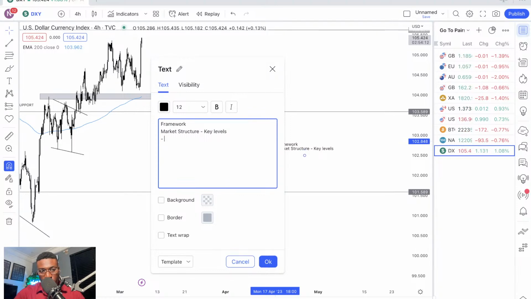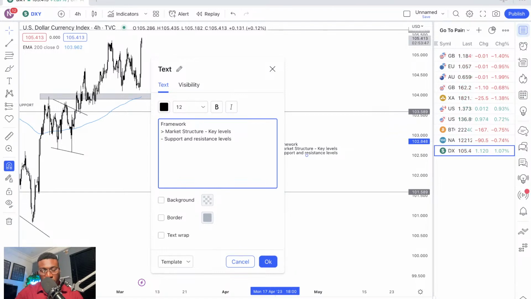These key levels would include, okay, I think I'm just gonna mark that out. These key levels would include your support and resistance zones or levels.